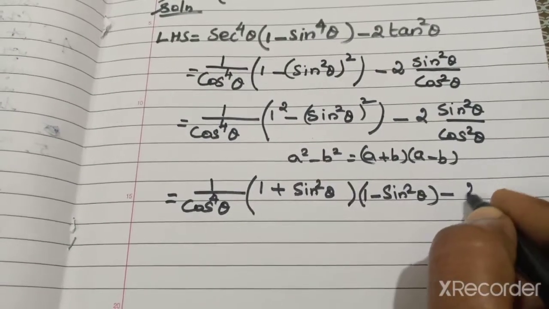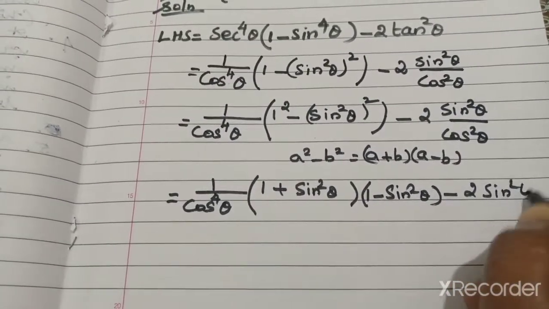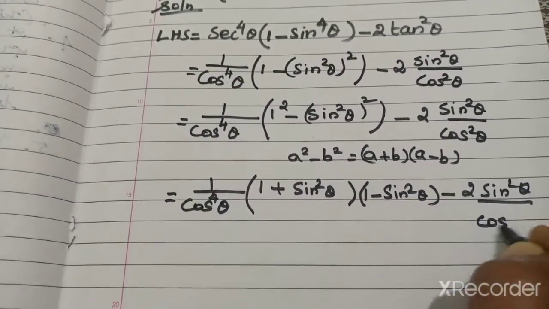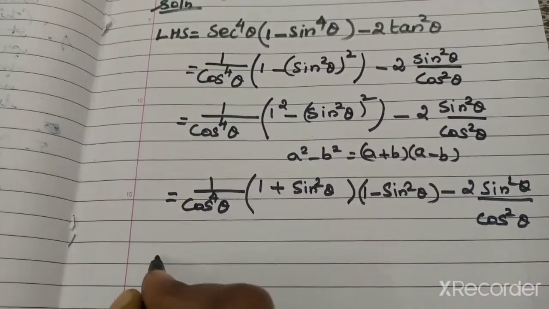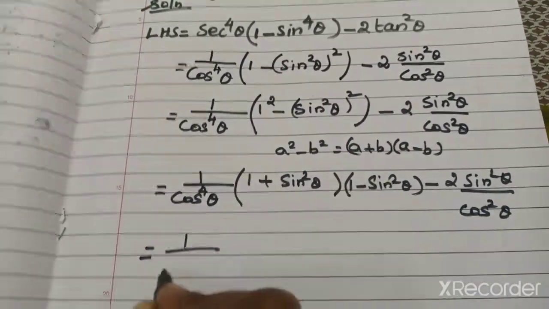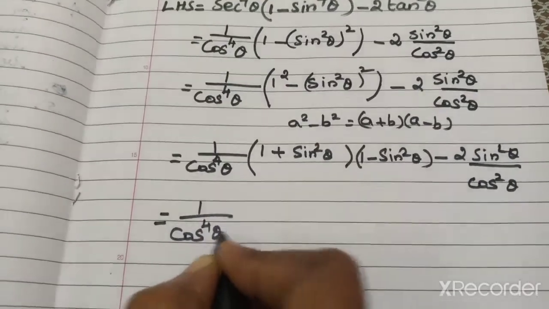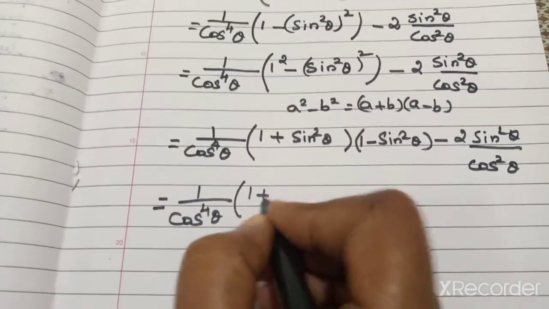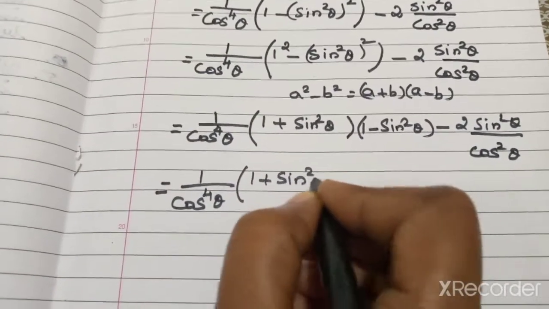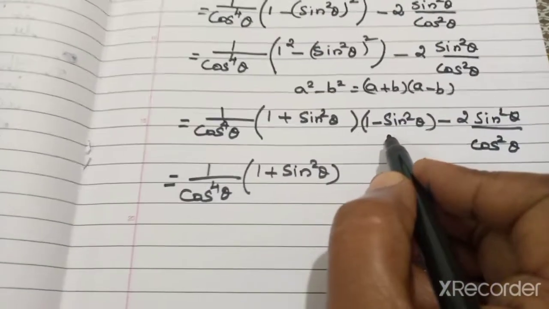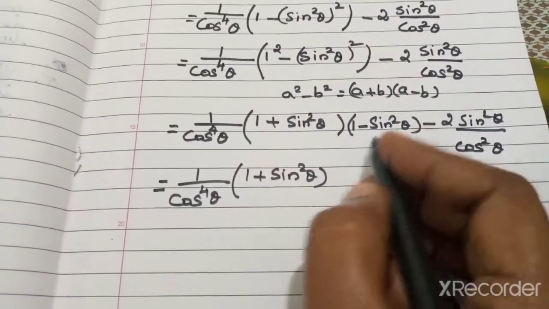Minus 2 sine square theta by cos square theta, which is equal to 1 by cos power 4 theta into 1 plus sine square theta into, we know 1 minus sine square theta is cos square theta.